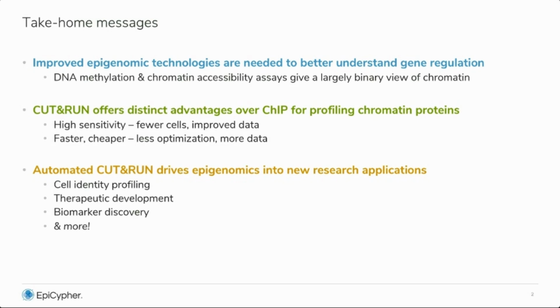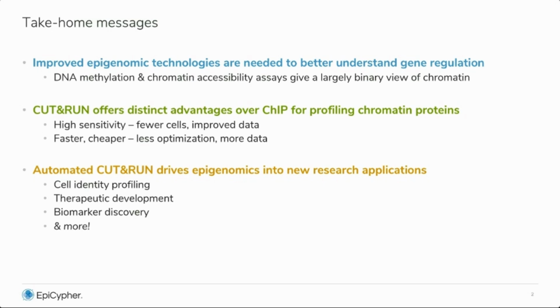So I'll just jump right in here with the take-home messages. So first, if you want to understand how genes are regulated, we really need robust technologies that are capable of mapping distinct features of chromatin. And looking at DNA methylation and chromatin accessibility get us part of the way there, but there's enormous additional diversity at the level of chromatin-bound proteins and modified histones.